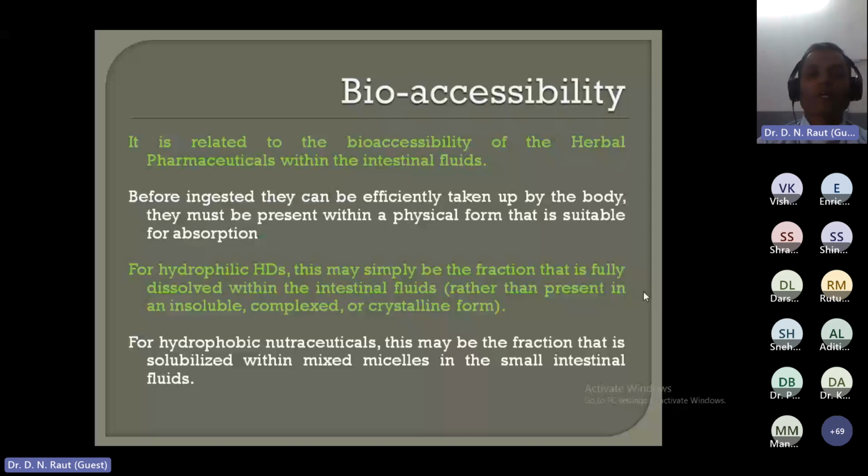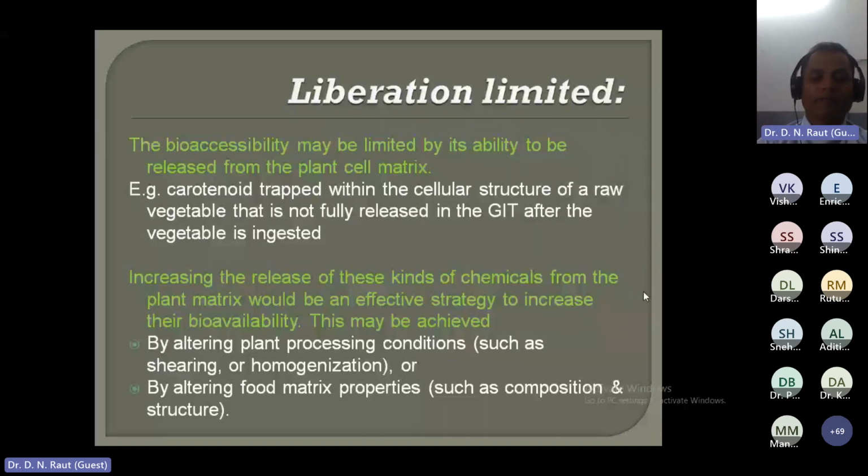In the case of hydrophobic nutraceuticals or other hydrophobic drugs, this may be the fraction that is solubilized within the mixed micelles in the small intestinal fluid. This is a liberation limited factor.